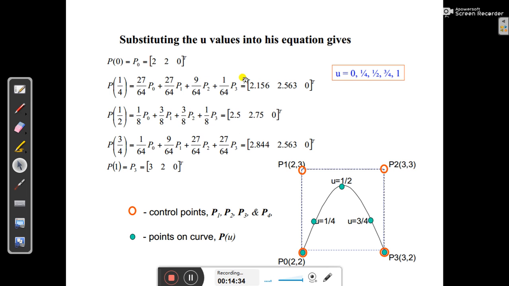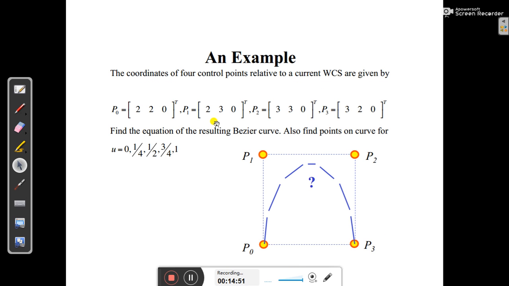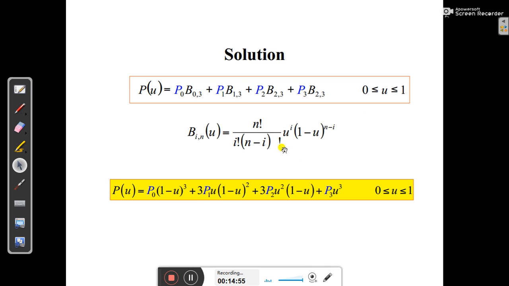By putting the values of u and the values of P0, P1, P2 and P3, we can get the values of those points, the green points. These are the green point values, and these are the actual control points which have been given in the question. So try to do this example.